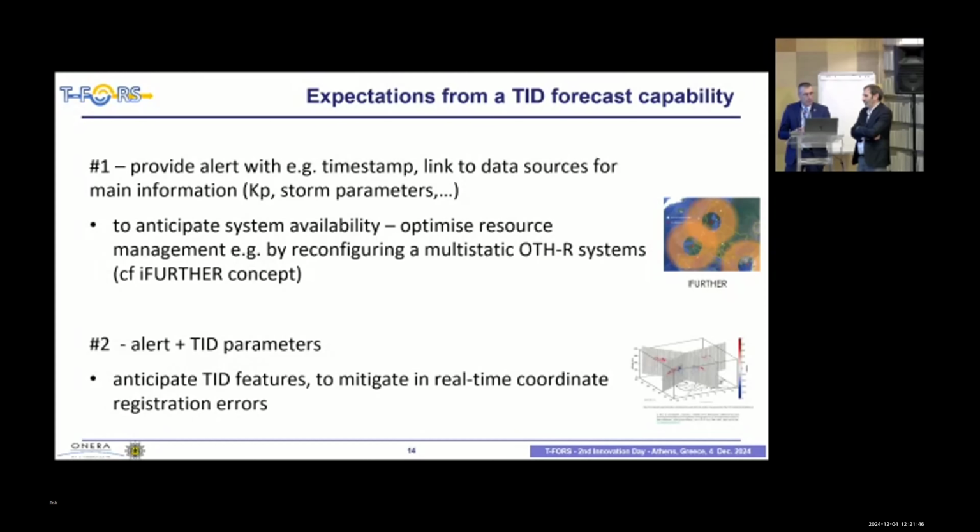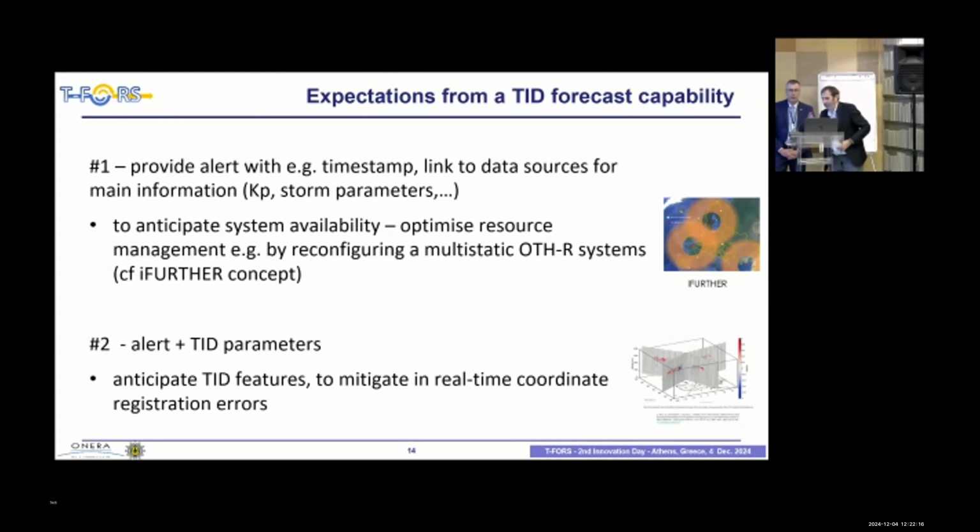So it is okay to give some main information: KP, storm parameters, timestamp, additional information about the TID and, for example, weather conditions. Shivan shows us some information, and the other guys here also. So from our point of view, it's completely okay to have this information after the project.